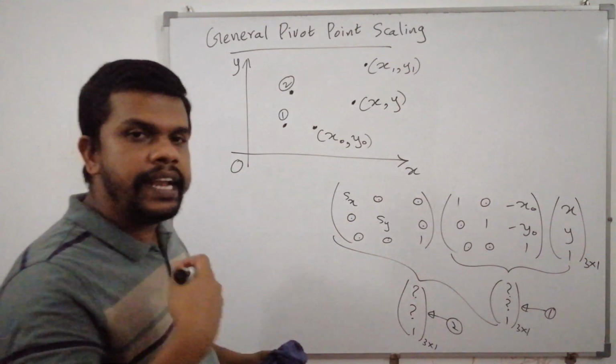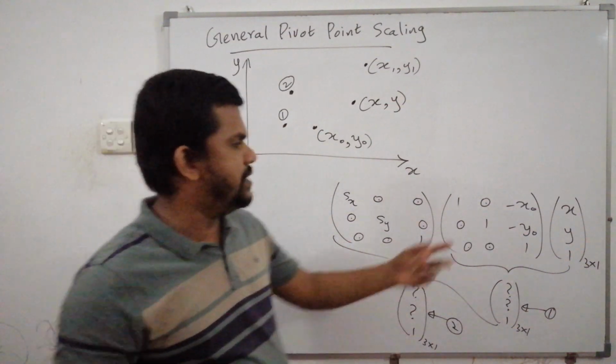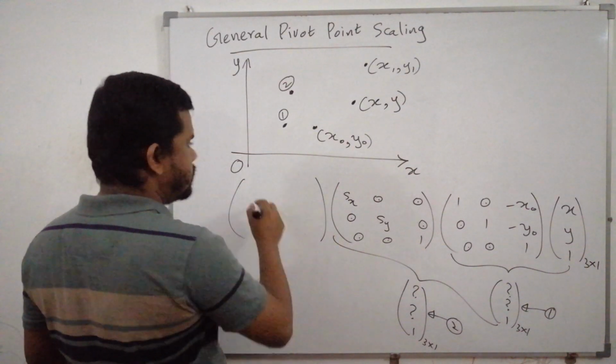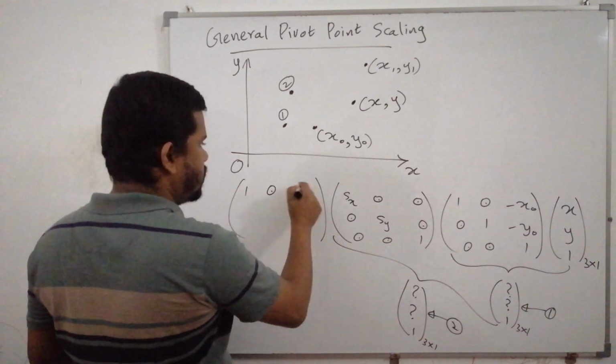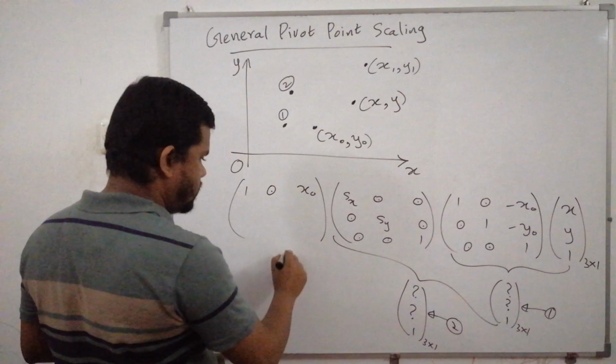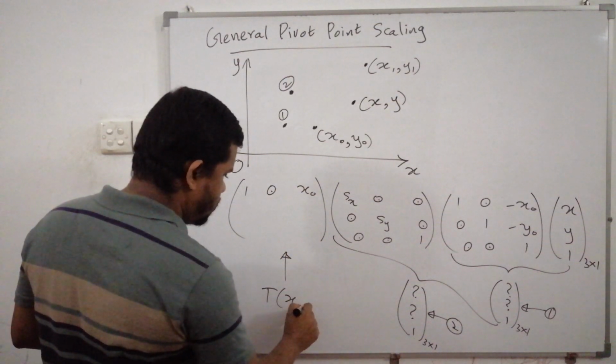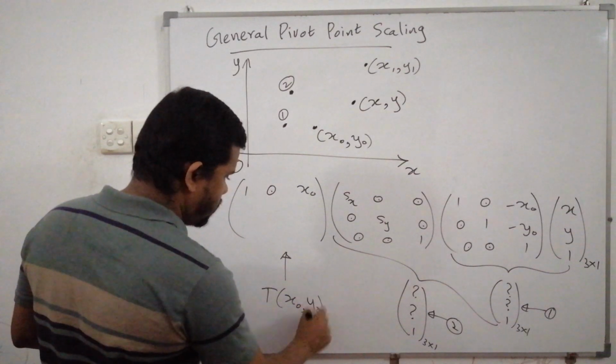We have to reverse the translation again. So here we put 1 0 x naught, 0 1 y naught, 0 0 1. This is our T x naught comma y naught matrix.